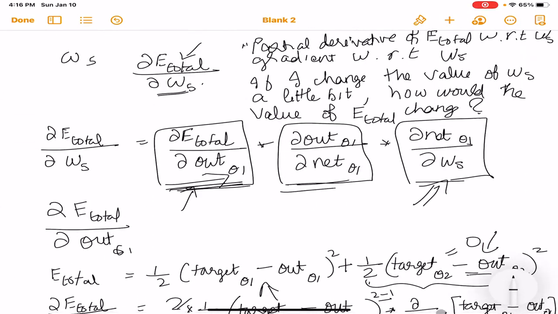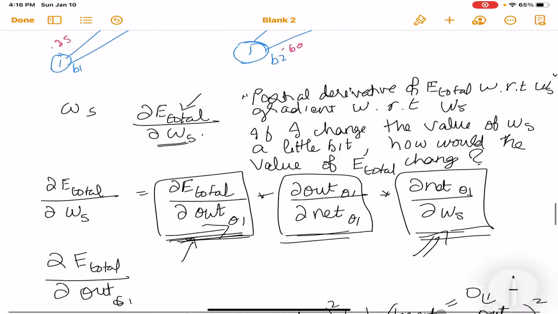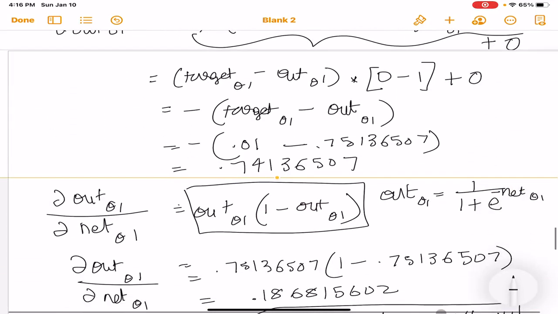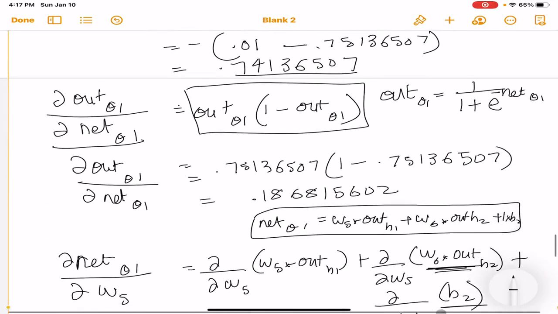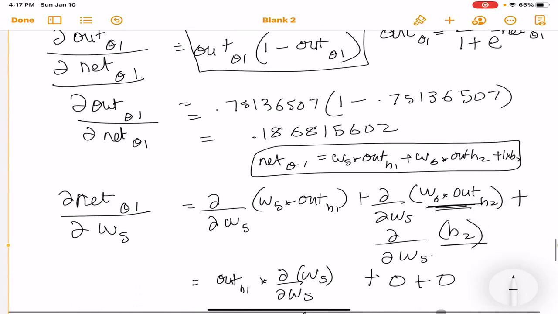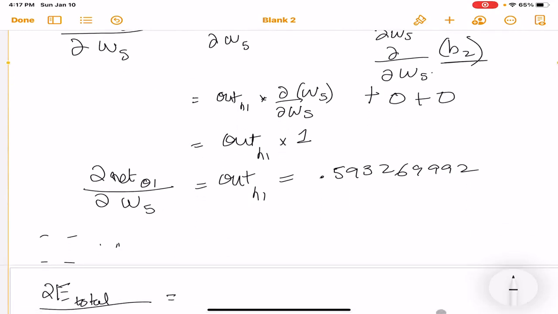So this equation multiplied by this, and we already found dou E total by dou out O1, which is 0.74136. We already found dou out O1 by dou net O1 to be 0.18685, and then we have already found the dou net O1 by dou W5 to be this.